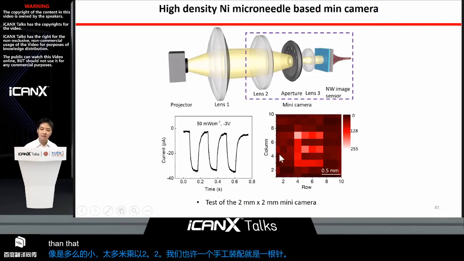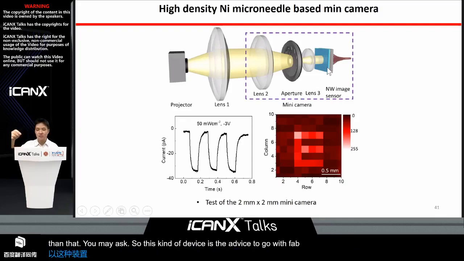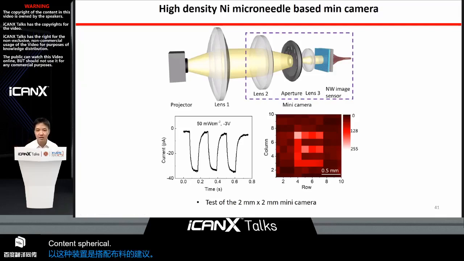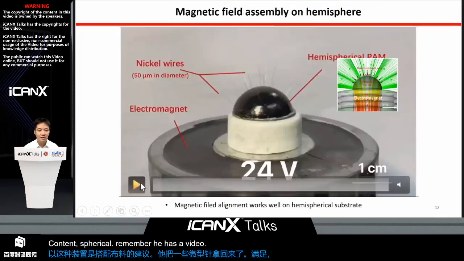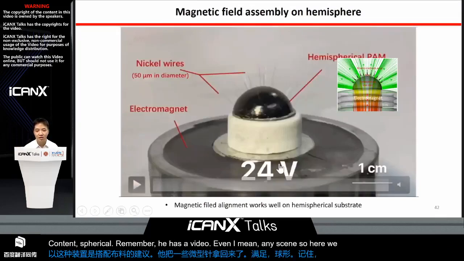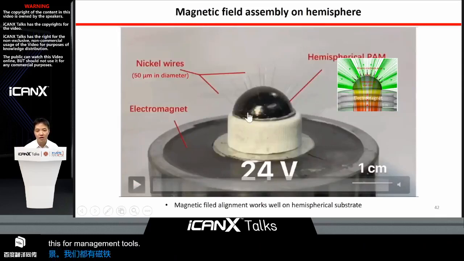You may ask, this kind of device is still a planar device. Can we fabricate those microneedle back contacts on the hemispherical NW Retina? Here's a video. We have a magnet, and this ferromagnetic material ball, which we cover with our hemispherical NW Retina.